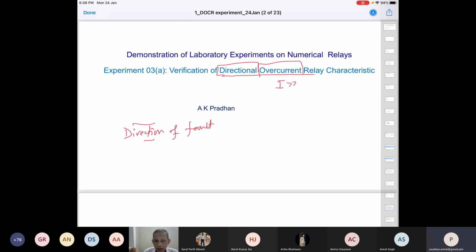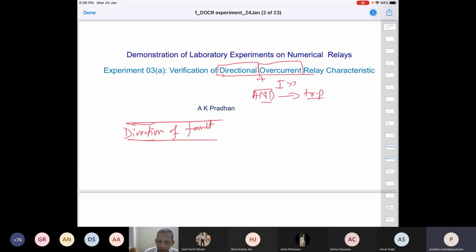What is the direction of fault and what is its significance? We like to understand that first, and then we'll go to the characteristics and the principle applied for that objective. So this plus this is nothing but an AND operation. If both are satisfied, then it is a trip, otherwise not trip.